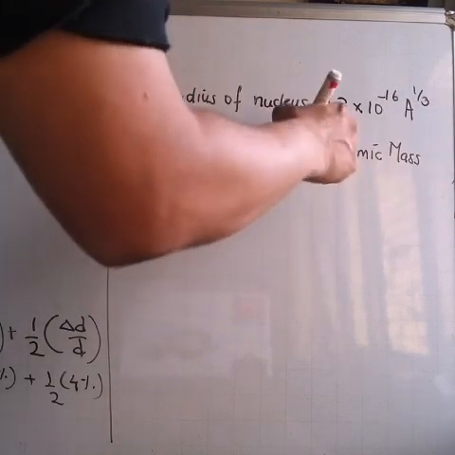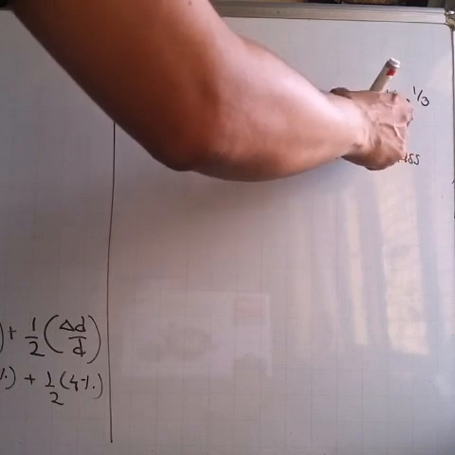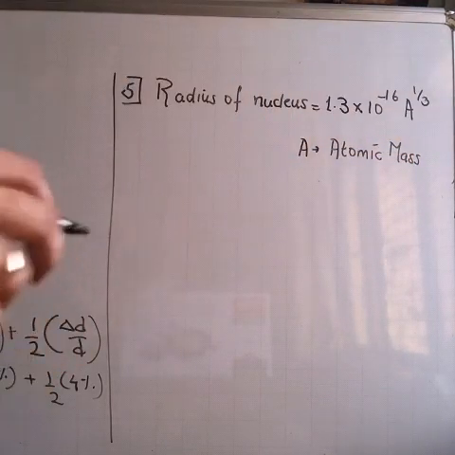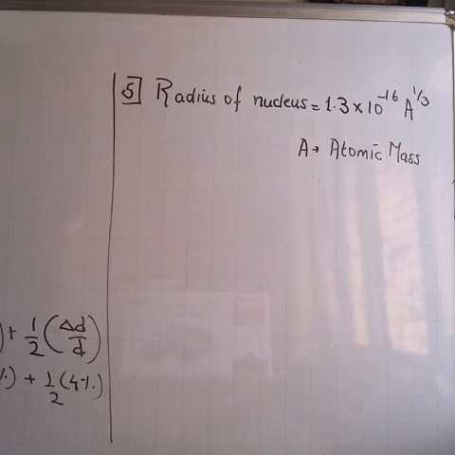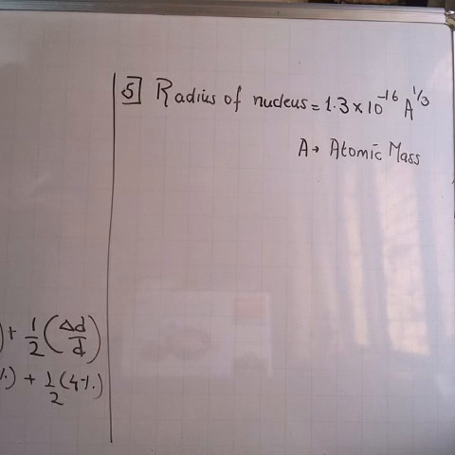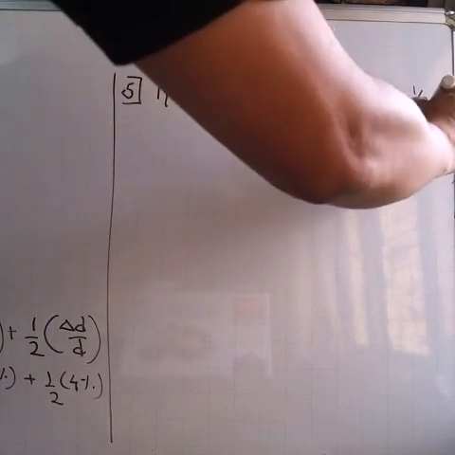This value is constant, so as atomic mass changes, the radius of the nucleus will change. In this numerical, nuclear radius r has dependence on mass number a as r equal to 1.3 into 10 raised to minus 16 a raised to 1 by 3 meter.